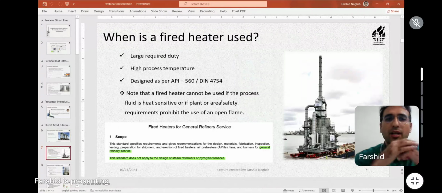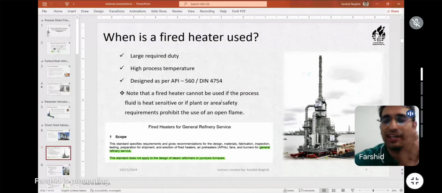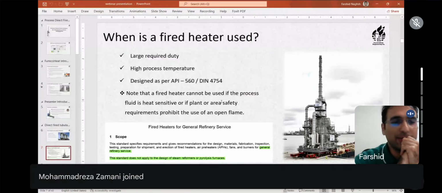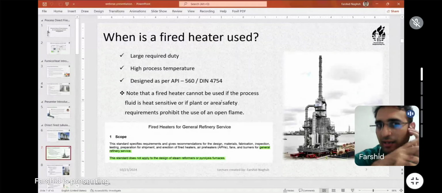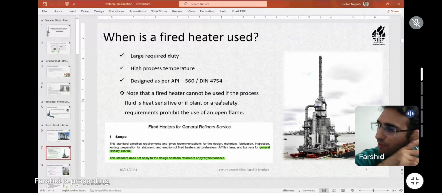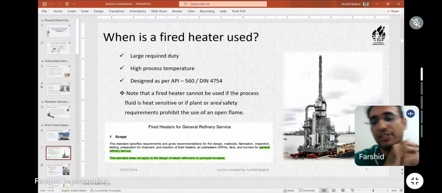Okay. So now that we have a grasp of what a fired heater is, someone might ask, what is it? Someone might say that it is a heat exchanger.